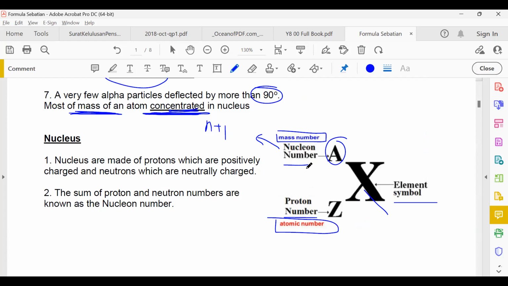Okay, so how do I know which one is which? Like I mentioned, most of the mass is contained in the nucleus, right? So obviously the nucleon number should be the mass number, right? The atomic number just refers to the proton number only, how many protons there are. Okay, so remember these are very important. Sometimes they'll give you these names instead.